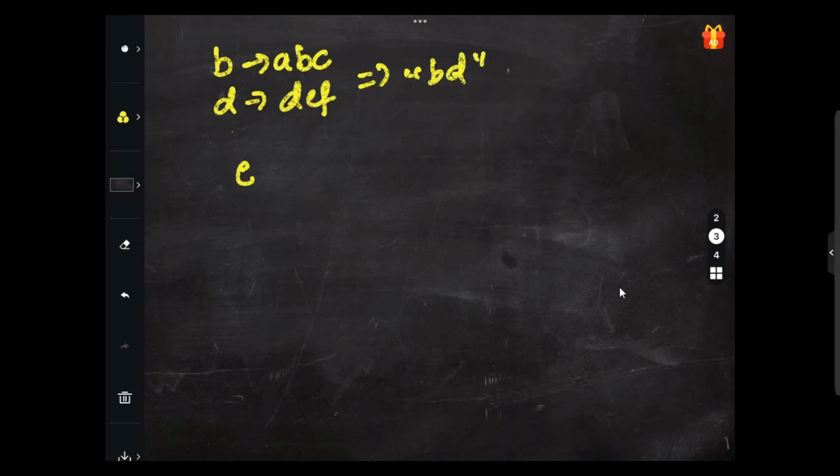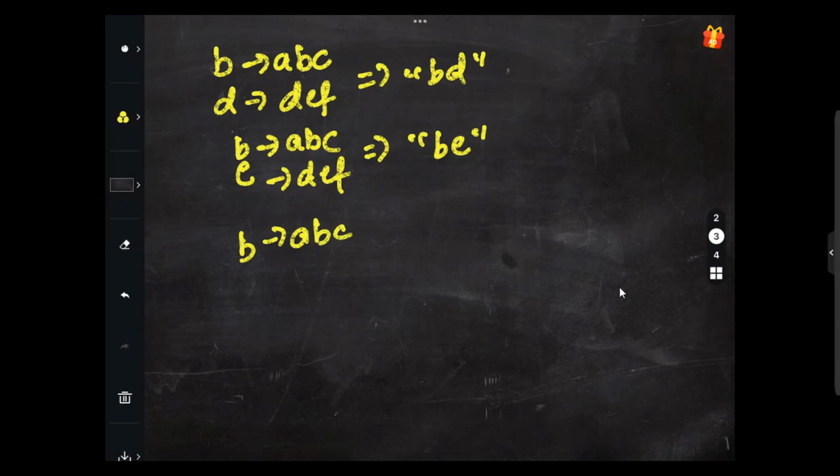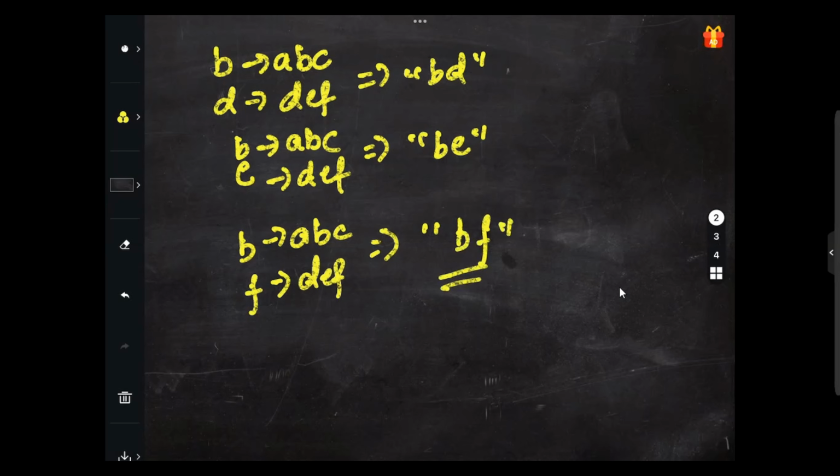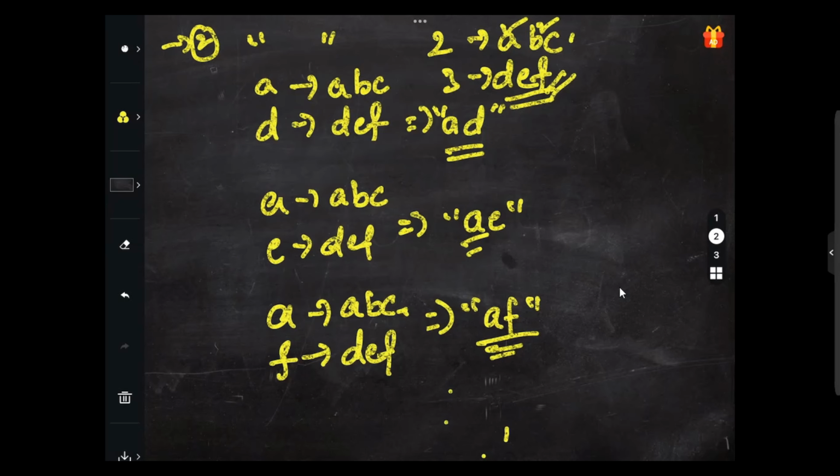Next step is B from ABC, E from DEF. This one will be BE. Finally, again B from ABC and F from DEF. So this will be BF, right? The final one is, now we have considered A and B, we are considering C and DEF, right?